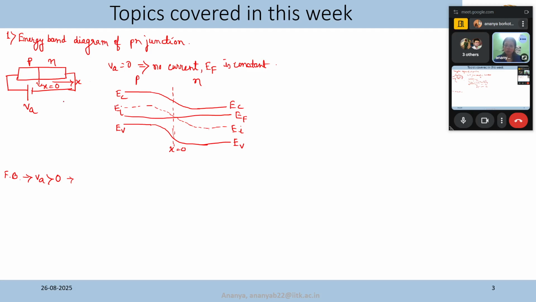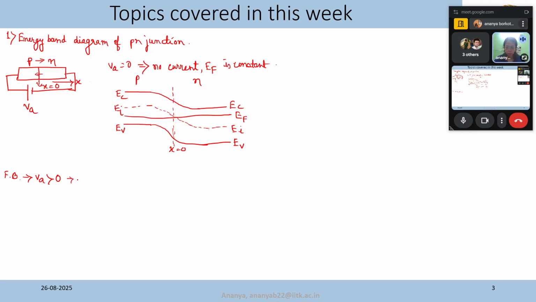The built-in electric field was in this direction, so our applied electric field will be in this direction. Because of this applied electric field, some of the holes from the P side will move towards the N side and some electrons will move towards the P side. Overall we will get a current. Our system will not be in equilibrium because we are applying an external voltage.